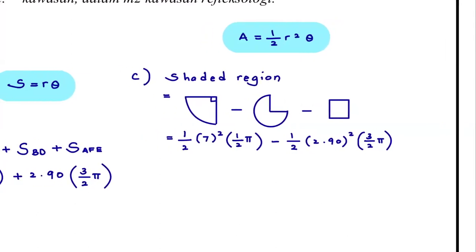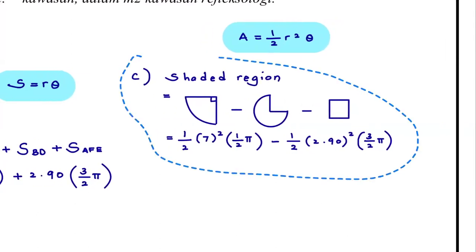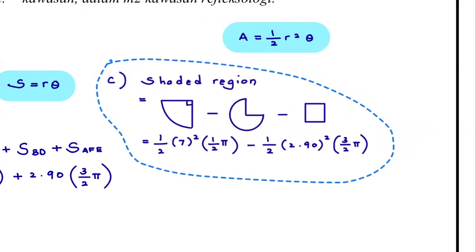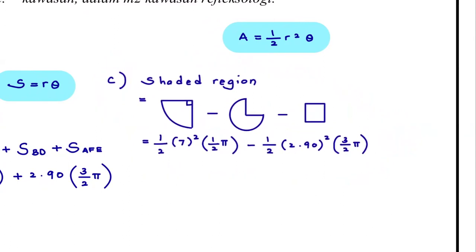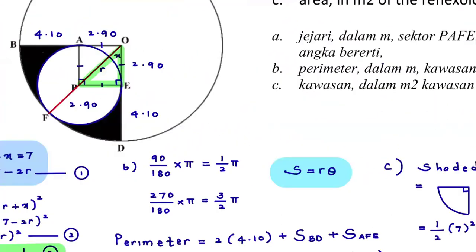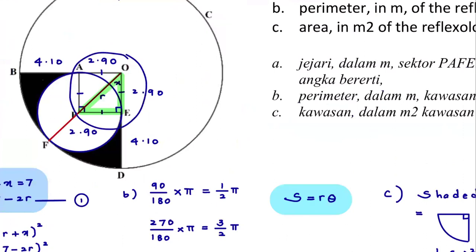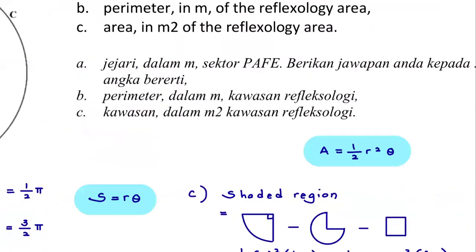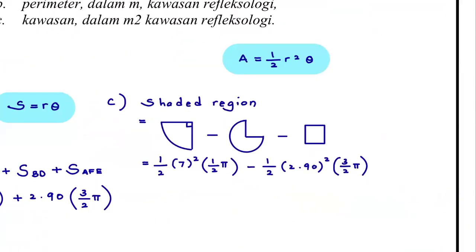And wait, I think I need to squeeze all this further. Okay, after that, this is the small square. So that's 2.9 times 2.9, right? So 2.9 times 2.9. Can I write 2.9 square? Same, right? 2.90 multiplied by 2.90. Can I write square?